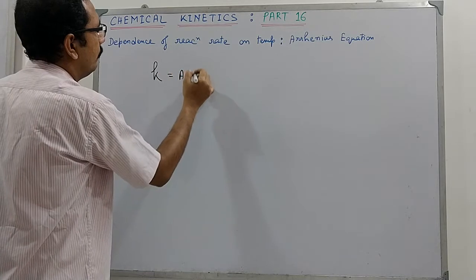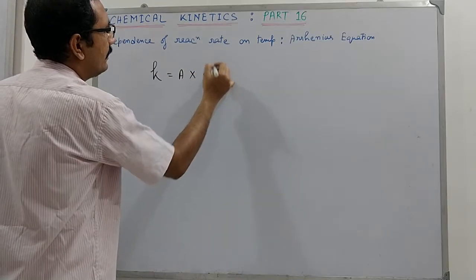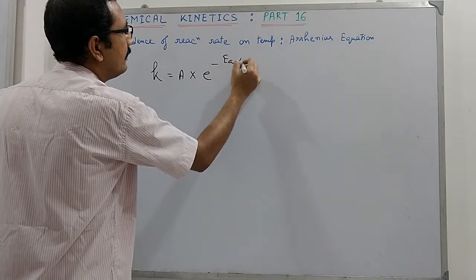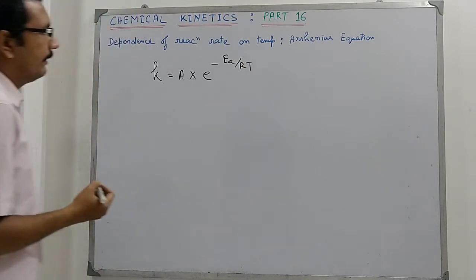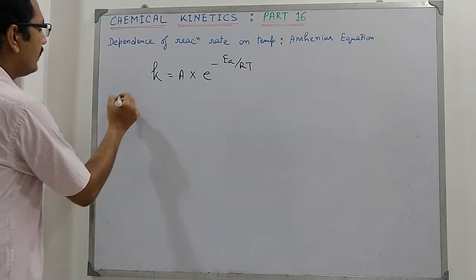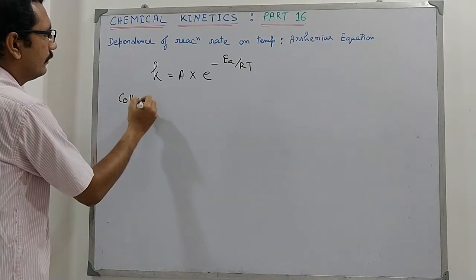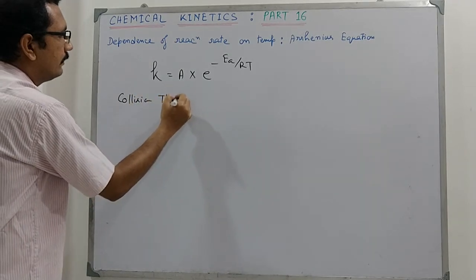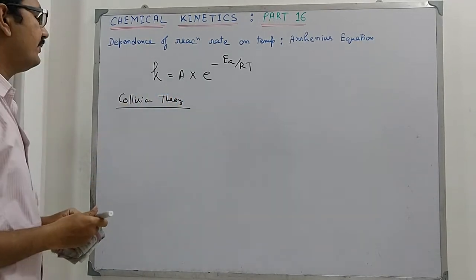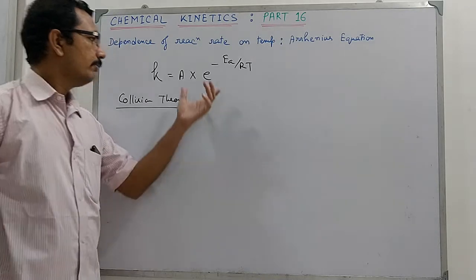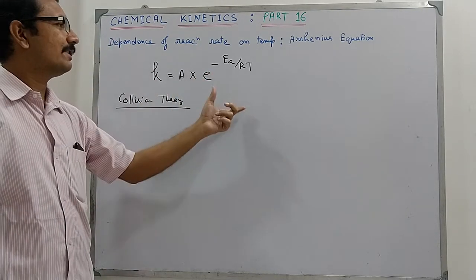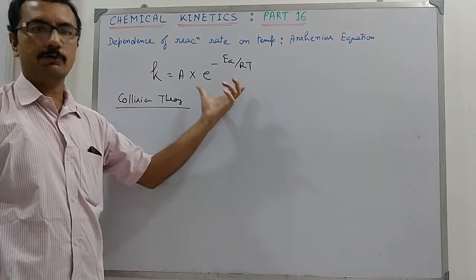Now if we look into the Arrhenius equation, we will see that it is like this. Now as per collision theory, which attempted to give a theory that can construct this empirical equation and give it theoretical support.